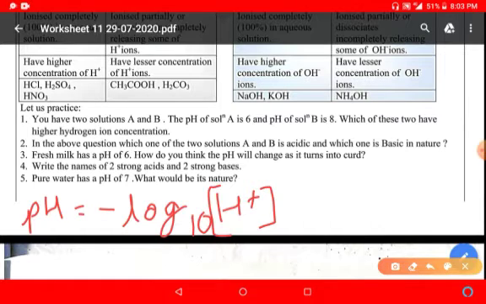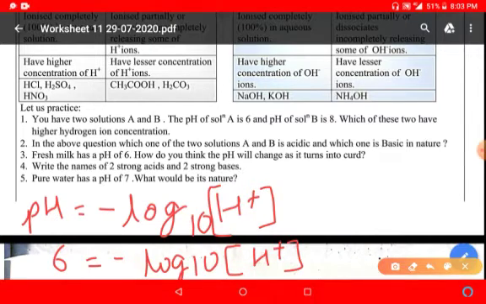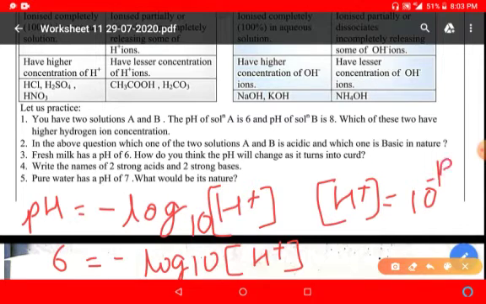That means when the value is 6, the hydrogen concentration is log 10 of H plus changed, and H plus equals 10 to the power minus pH.